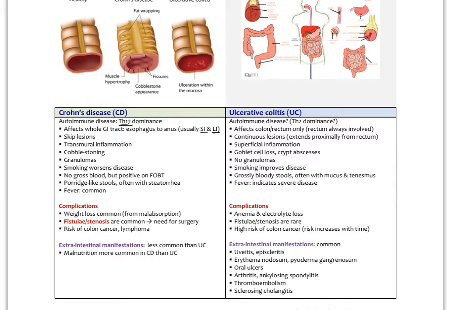It develops areas of what are called skip lesions. So you see areas of damaged mucosa in the small intestine. There'll be an area of normal mucosa, and then you'll see another area of inflammation. And the inflammation is transmural. It goes deep into the wall of the intestine.